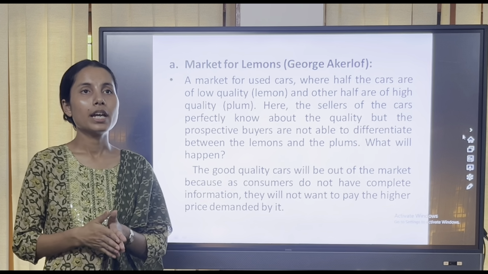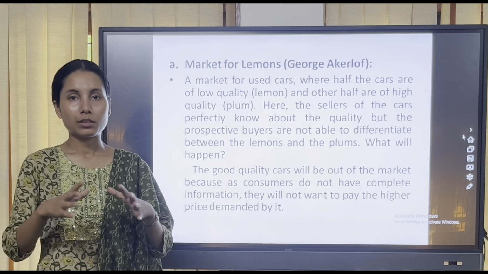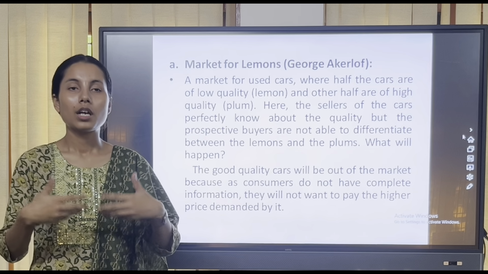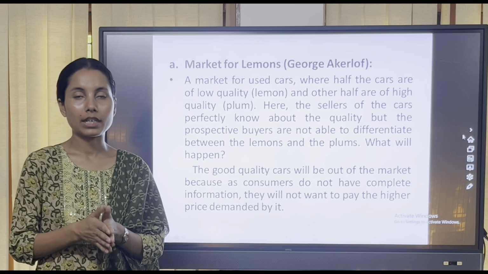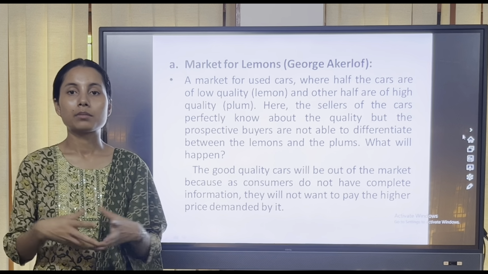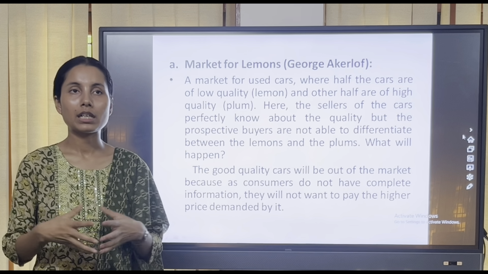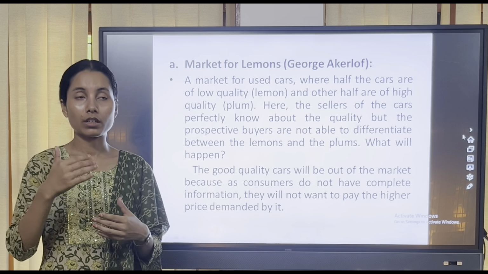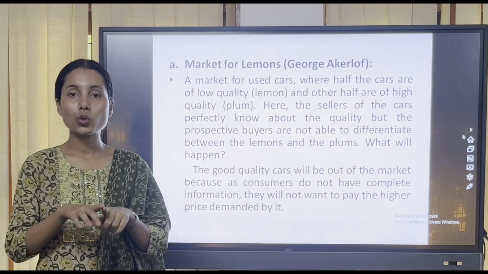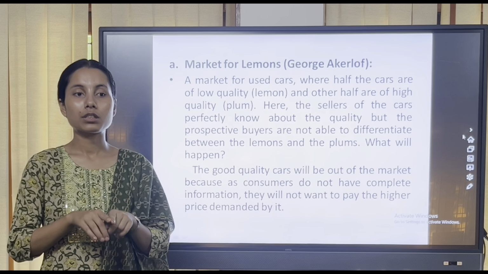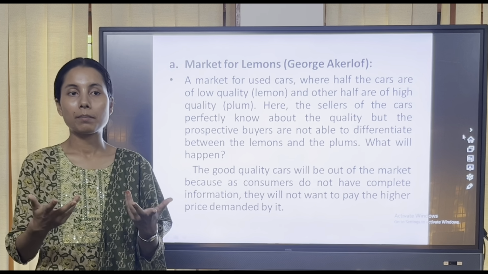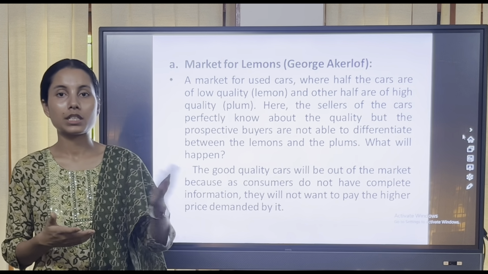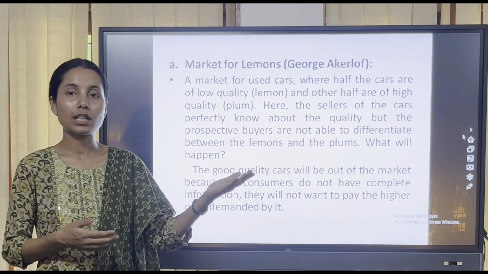Now, two qualities of used cars are offered in a market by the sellers, and prospective buyers come to the market, and the prospective buyers cannot differentiate between the two qualities. They cannot be sure by looking at the cars whether it is of good quality or bad quality, that is to say, whether it is a lemon or not.